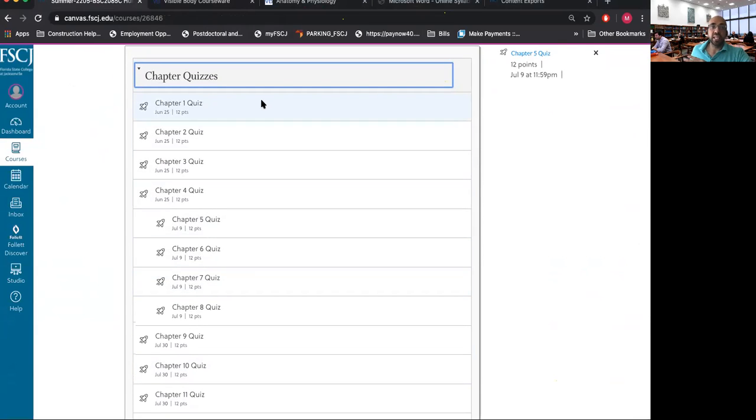For the Visible Body lab assignments, you have unlimited attempts. This is a practice tool, so answer them as many times as you want. Try to get the maximum possible grade on those lab assignments.